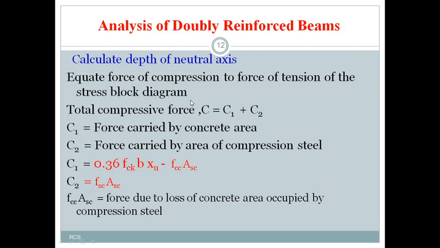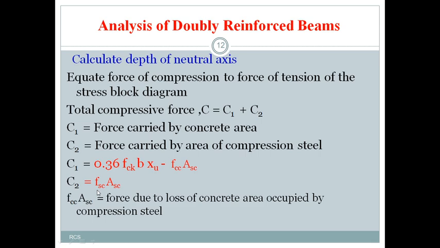That's why this 0.36 FCK B into XU is for the whole stress block, the parabolic and rectangular portions' compressive force, minus the loss of force due to the concrete occupied by the steel. In place of concrete we have steel, but there is no concrete, so the amount of force considered due to that concrete must be deducted.